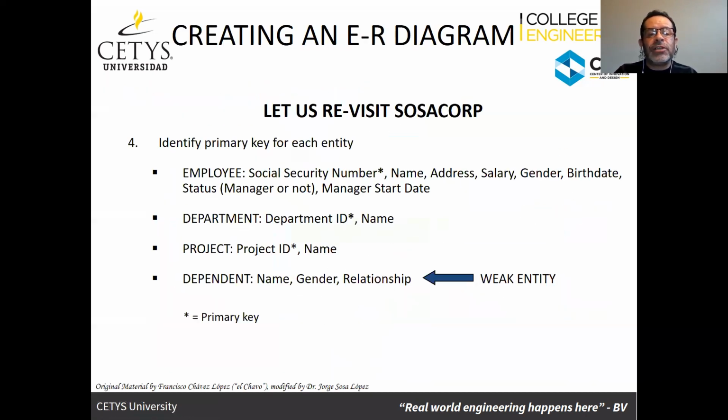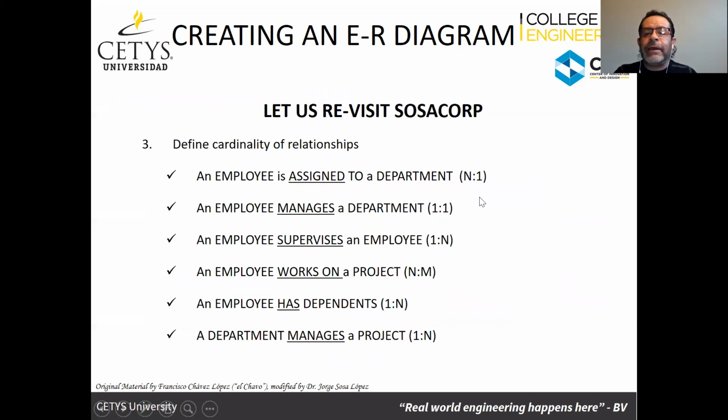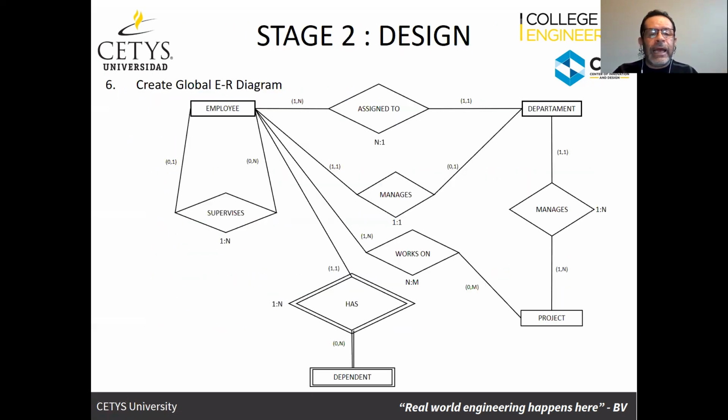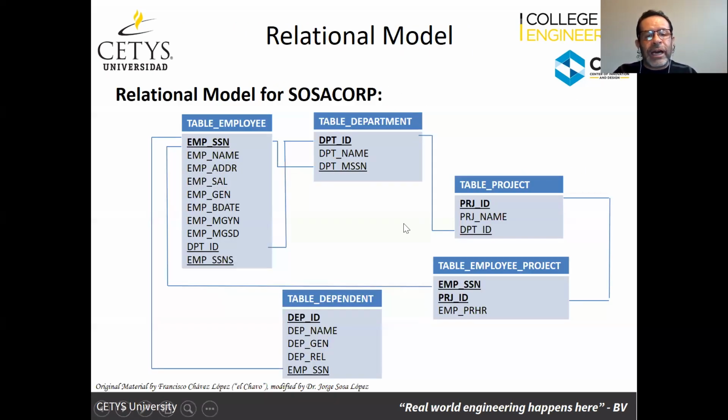The rest of the relationships that we have are one to n. Employee and department, employee and supervising employee, employee and dependents, and department and project, okay? And so for those relationships, what I've done is that for each of the tables, I've added the primary key of the other table, of the one table, to the n table. So for example, a department manages many projects.